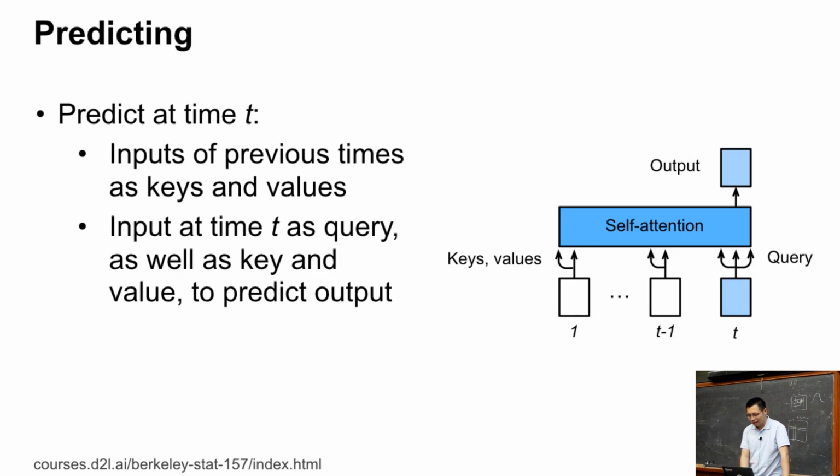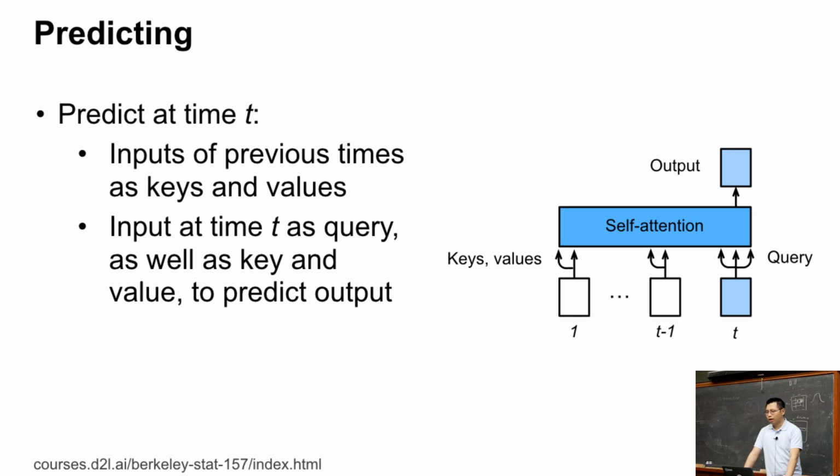Okay. The last one is about how to do prediction. In prediction, we want to predict at time t. Assume we already have the input from 1 to t minus 1, and we put all of this in the memory cell, just a copy as keys and values, not a query.